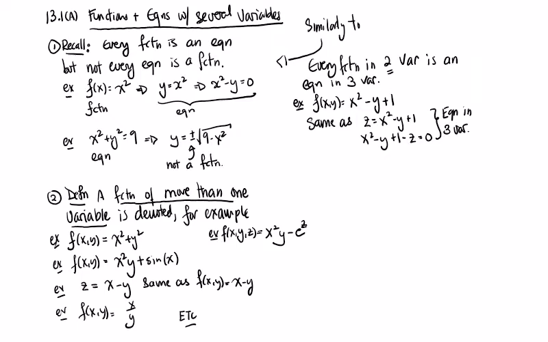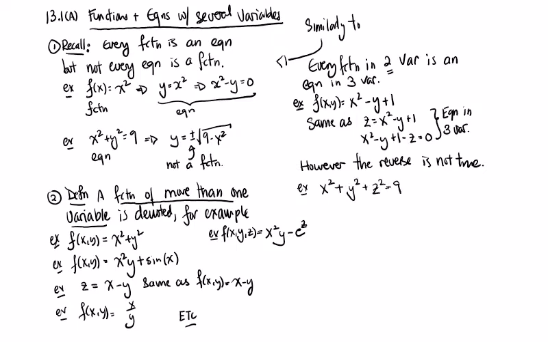Now, of course, not every equation in 3 variables is a function in 2 variables. The reverse, however, is not true. And we've seen one already. For example, a sphere. A nice simple sphere centered at the origin.